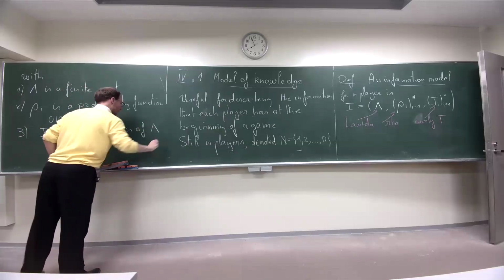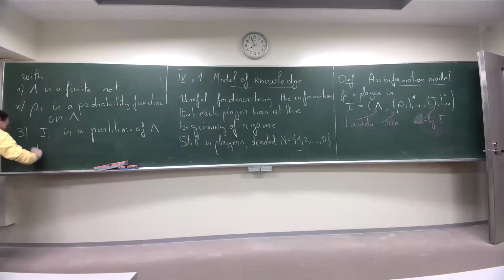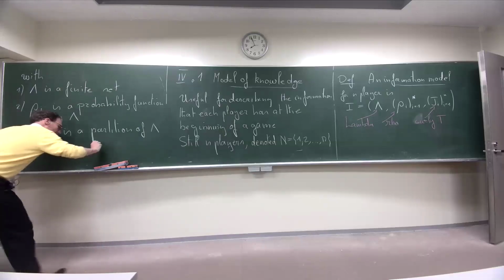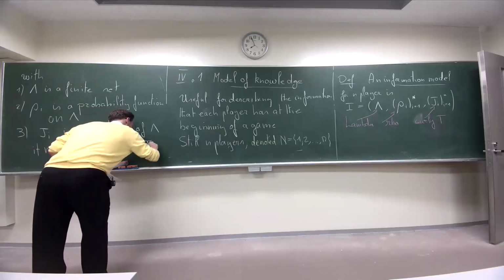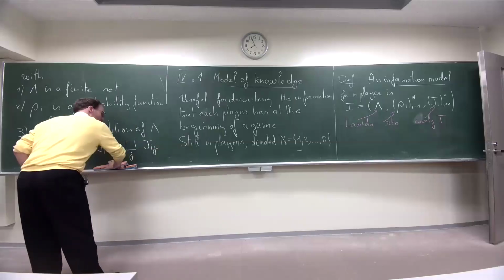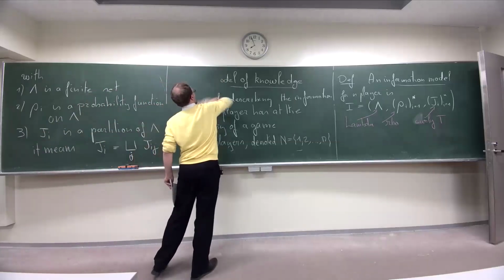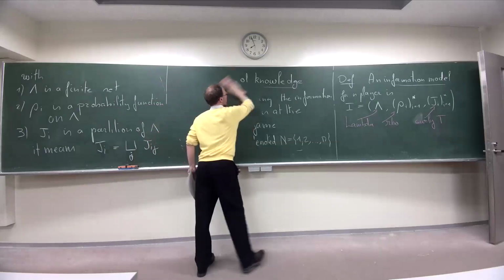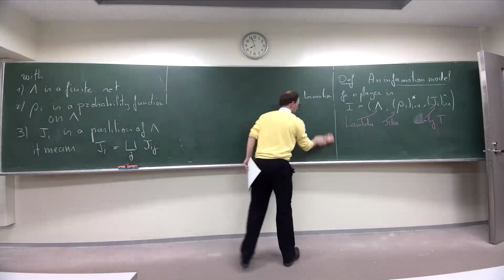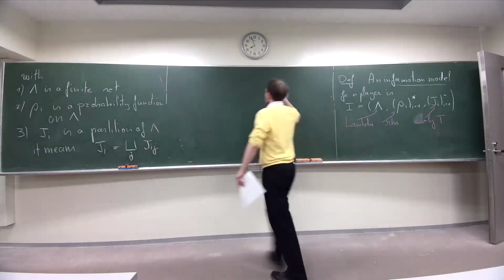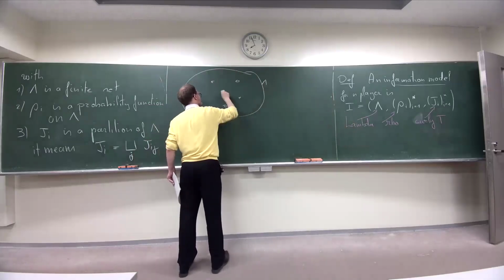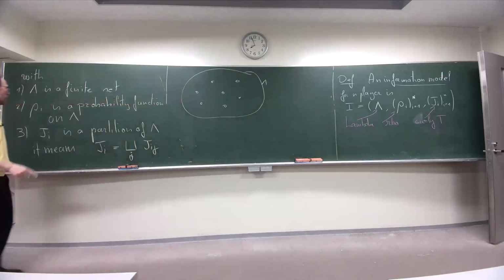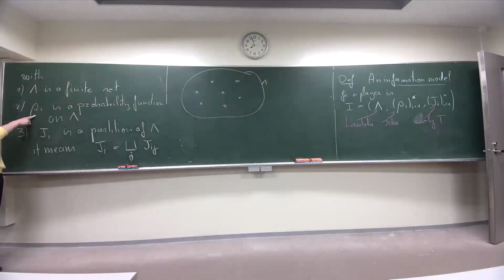of omega, of lambda, which means the union of the Ti is lambda. So let me do a picture. And I told you, you already know everybody. So take a finite set. Take a set lambda with some points. This is capital lambda. A probability is just a function on these points which sum up to 1.